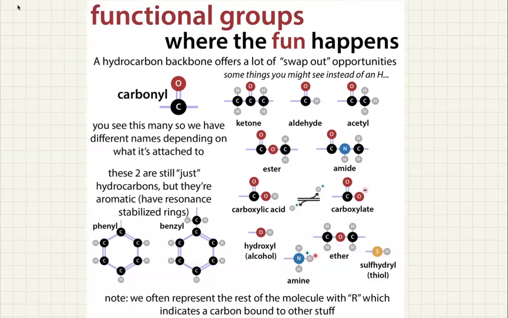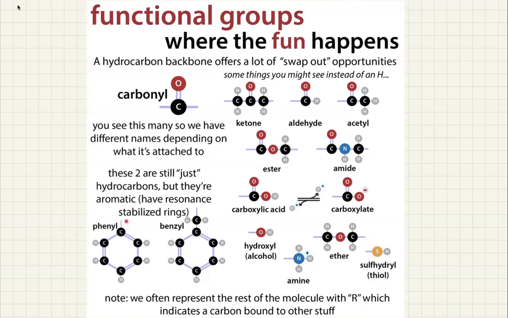And so that's an amine group, and we'll see this both in protonated and deprotonated states. A sulfhydryl group is basically the sulfur version of a hydroxyl group, and we can also call it a thiol group. We're going to be seeing this a lot as well.